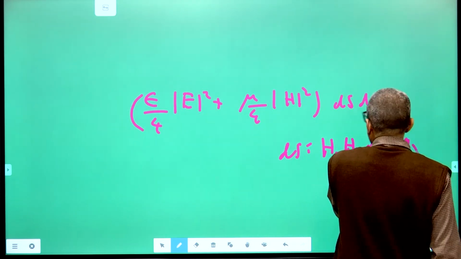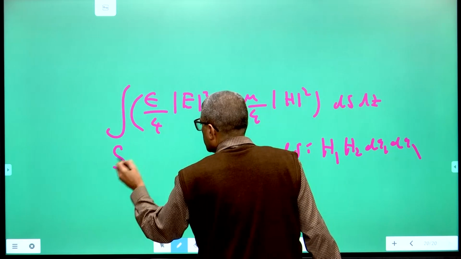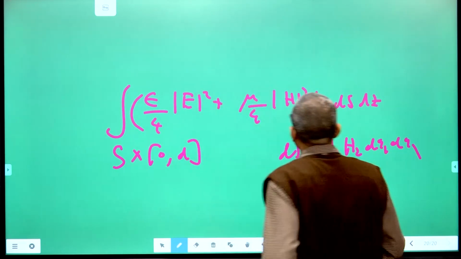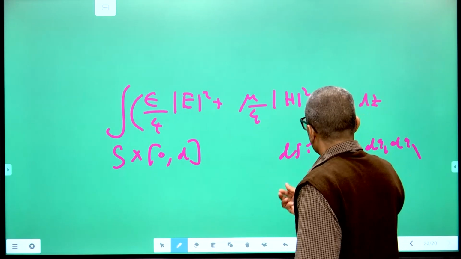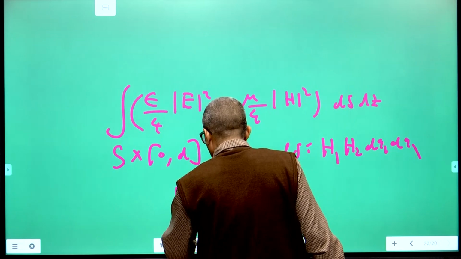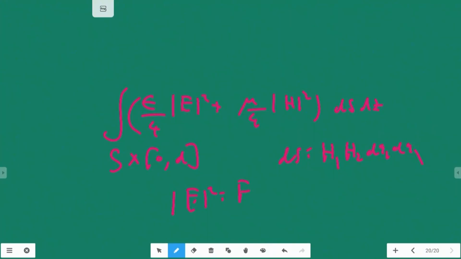This is the volume element, and you integrate this over s cross the length, say 0 to d, where d is the length of the cavity. And E you can calculate using the formula mod E square is equal to Ez square plus mod E perpendicular square, and similarly mod H square you can express in terms of Hz and H perpendicular.